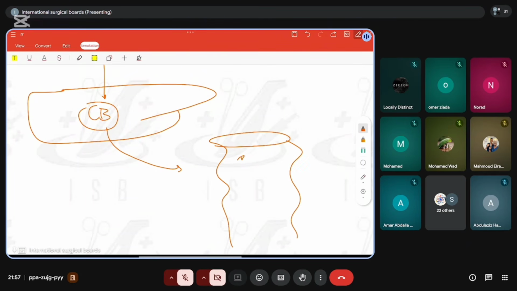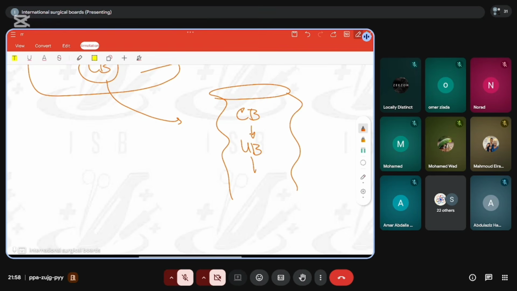What happens to this conjugated bilirubin? There is a bacterial enzyme called deconjugase, which converts the conjugated bilirubin back to unconjugated bilirubin. That's the first step. The next step, further bacterial enzymatic action, converts it to urobilinogen, a colorless substance.